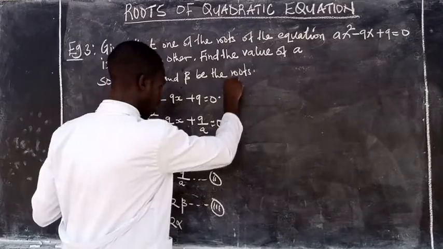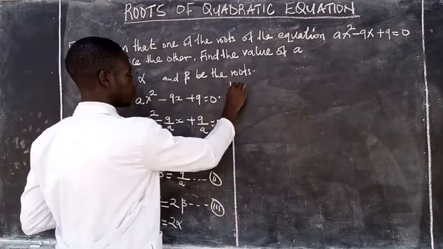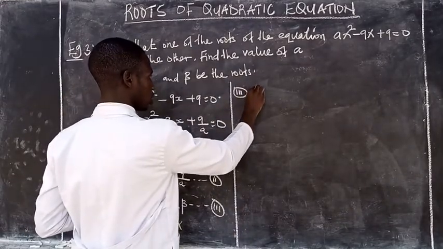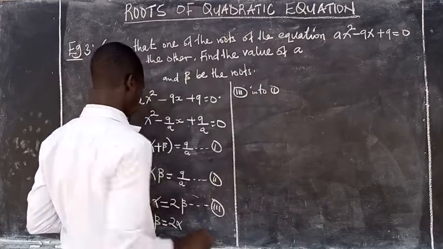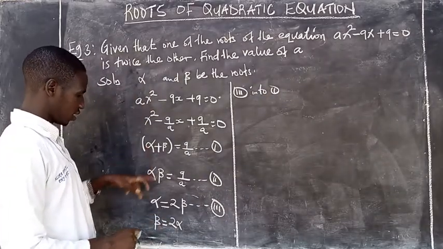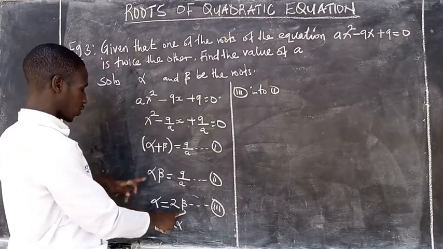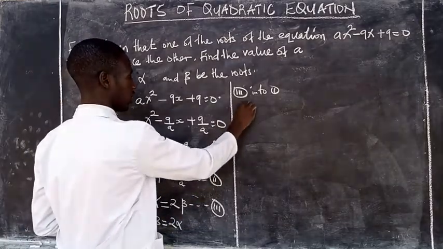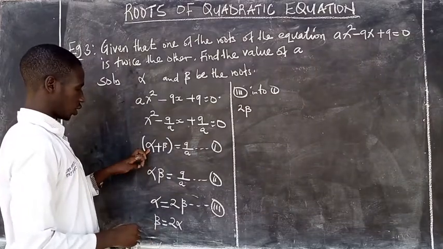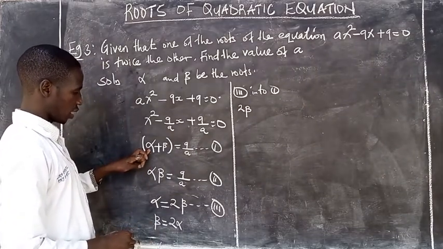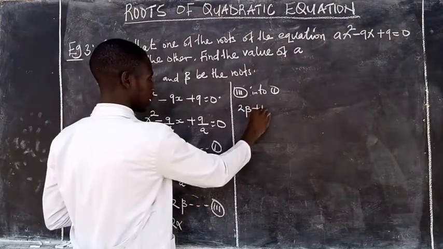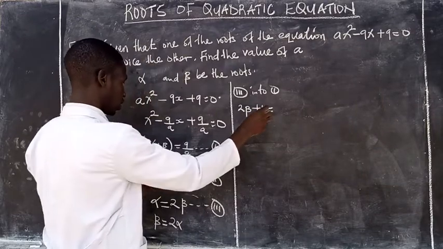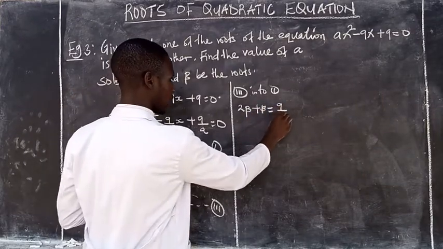So if I say 3 into 1, what do you get? Alpha is twice beta, so where there's alpha, I substitute 2 beta. So that means 2 beta plus beta should be equal to 9 over a.